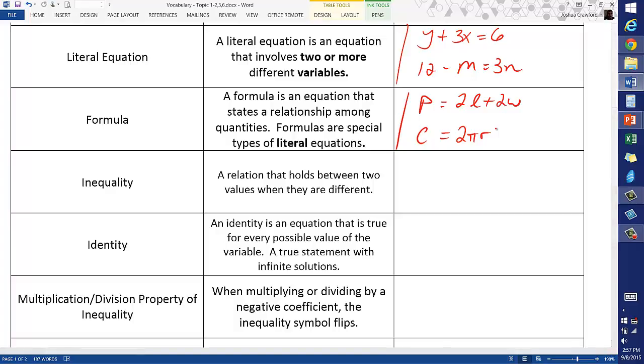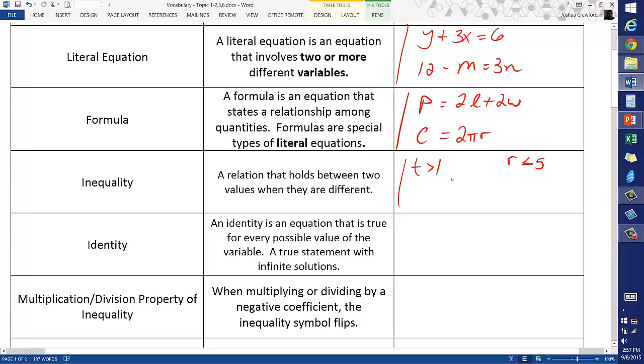Okay, inequality: a relation that holds between 2 values when they are different. So for an inequality, we could have t is greater than 1. That's an inequality. We could have r is less than or equal to 5. That's an inequality.